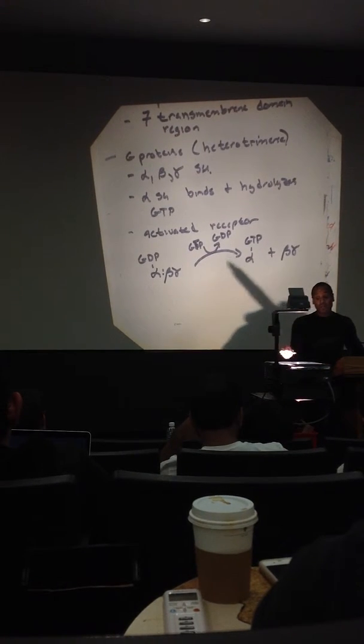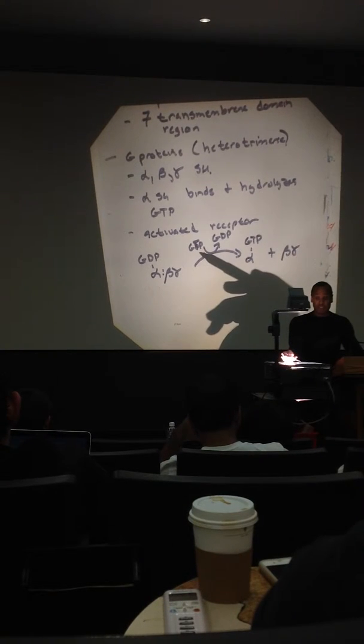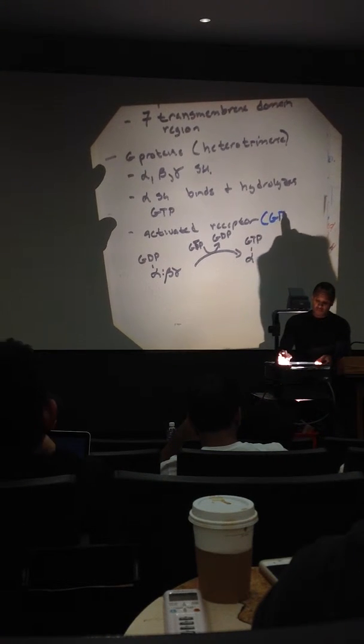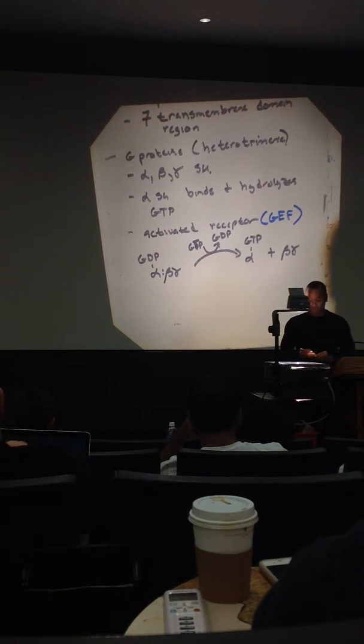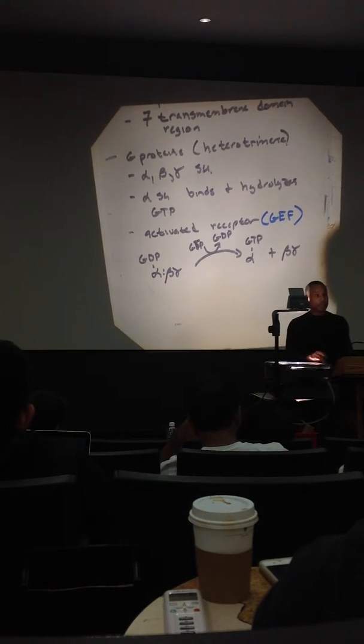And so then what class of molecule is the activated receptor acting like? Well, what type of molecule helps a G protein release GDP and bind GTP? A GEF, right. So in essence, the activated receptor is a GEF. Works in the exact same way.